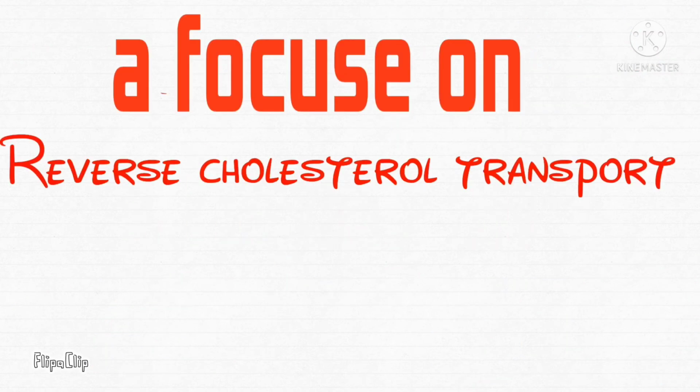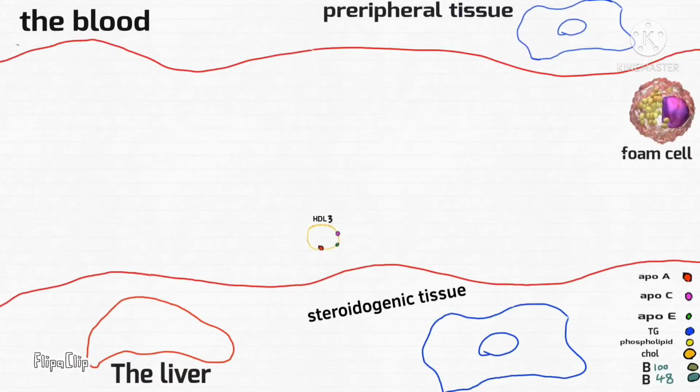Now we focus on the reverse cholesterol transport. We will continue the explanation from where we stopped. The empty HDL3 that is left returns to the blood and takes more free cholesterol from other tissue.